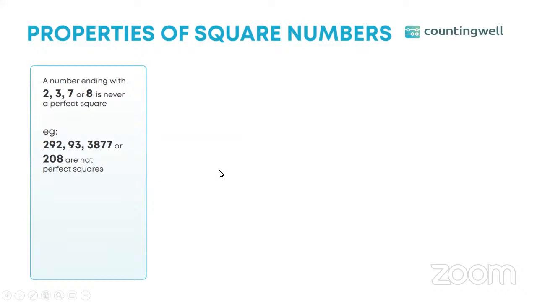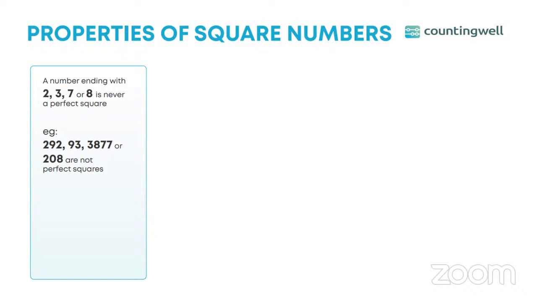Let us see some properties of square numbers. There are some properties which square numbers show. A number ending with 2, 3, 7 or 8 is never a perfect square.